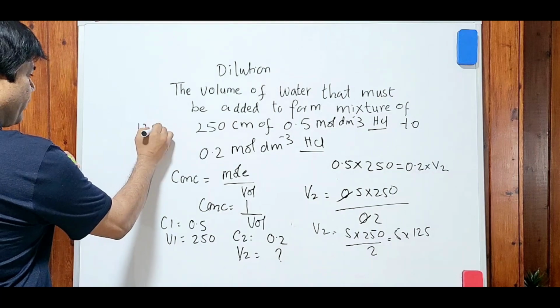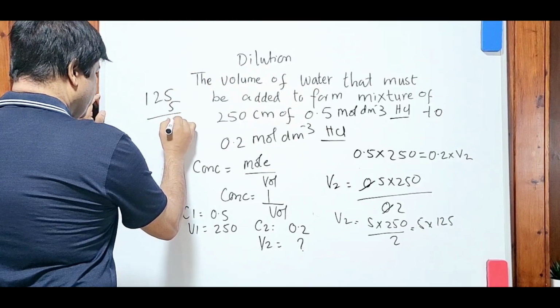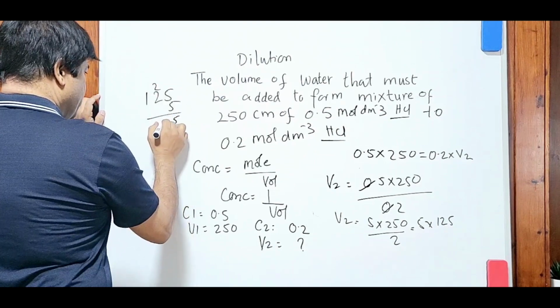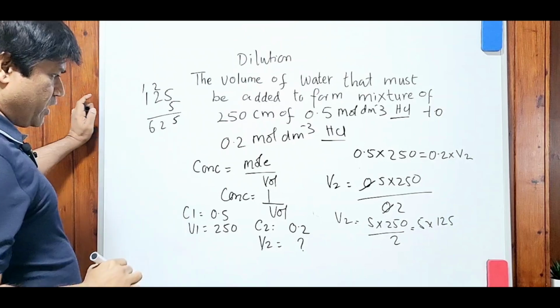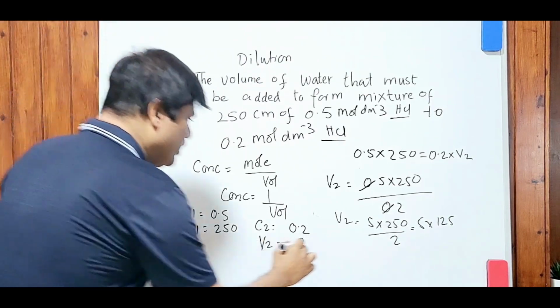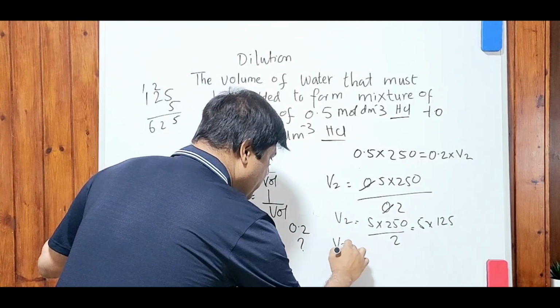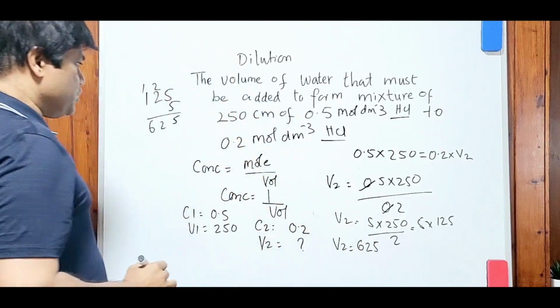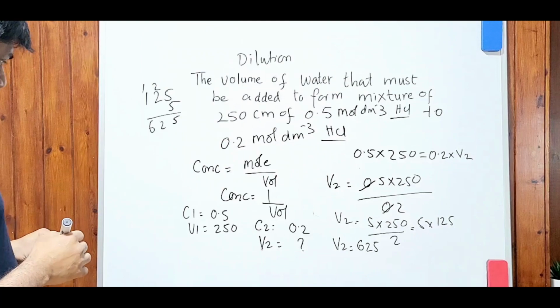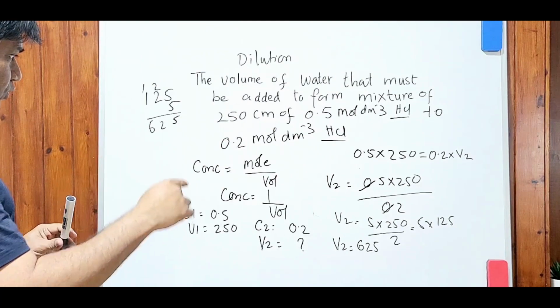So 125 times 5. Look, 5 times 5, 25, 5 2s are 10, 11, 12. 5 1s are 5 plus 6, 625. So V2 equals 625 cm³. I want to work out the volume of the water added.